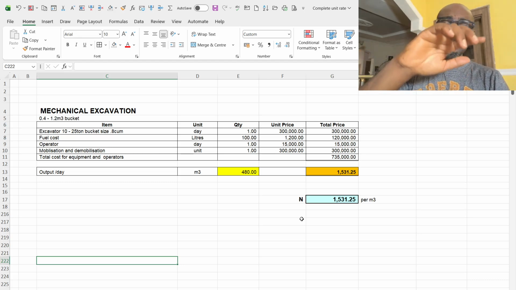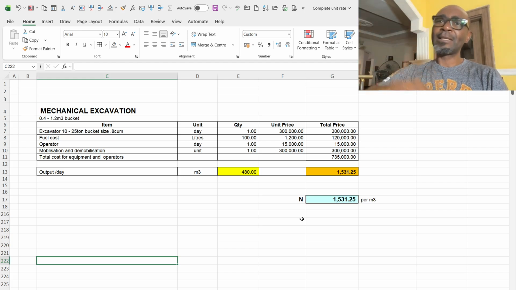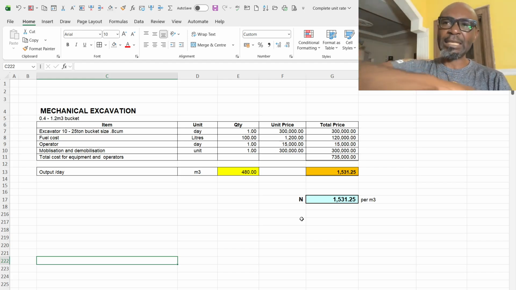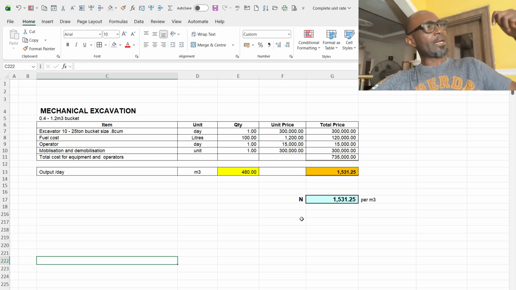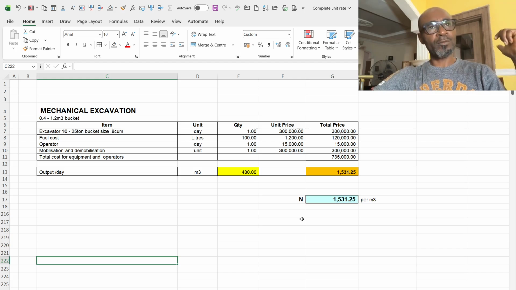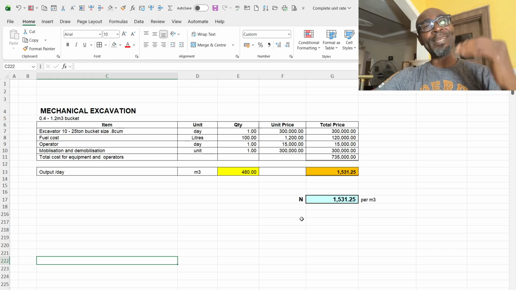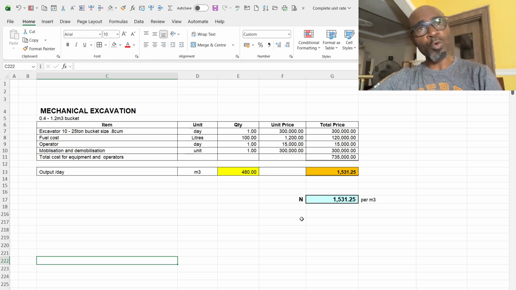That will be faster than if the excavator digs and needs to turn 360 degrees and either drop it behind it or load it on a truck. So these are some of the factors that would slow the output.